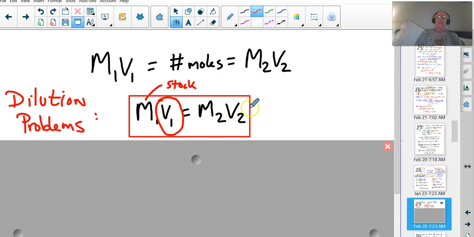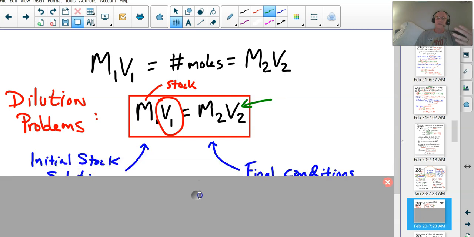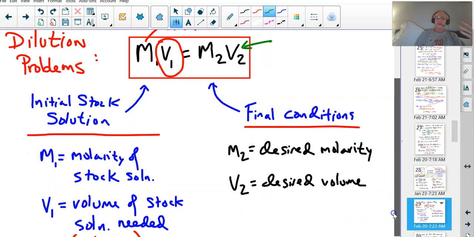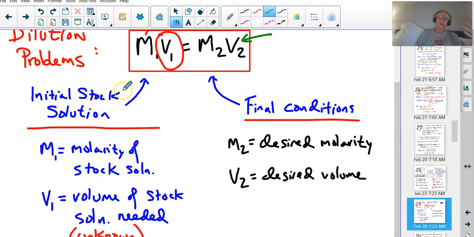And that's what's nice, in these problems you will know both of these things. You'll know, for example, I want 250 mils of a 0.5 molar solution. So you know final conditions in that case. So that's the way I usually approach these problems: M1 and V1 are initial stock solution conditions, of which we'll know molarity, but maybe not the volume.